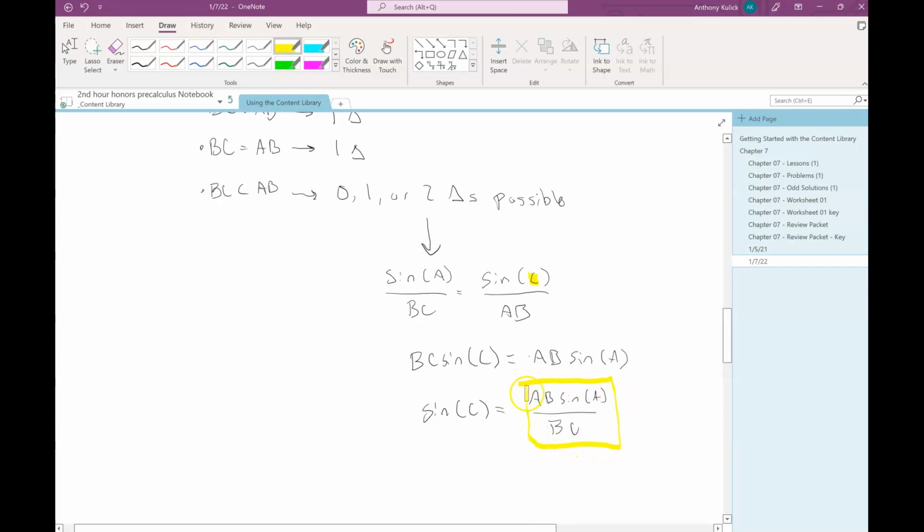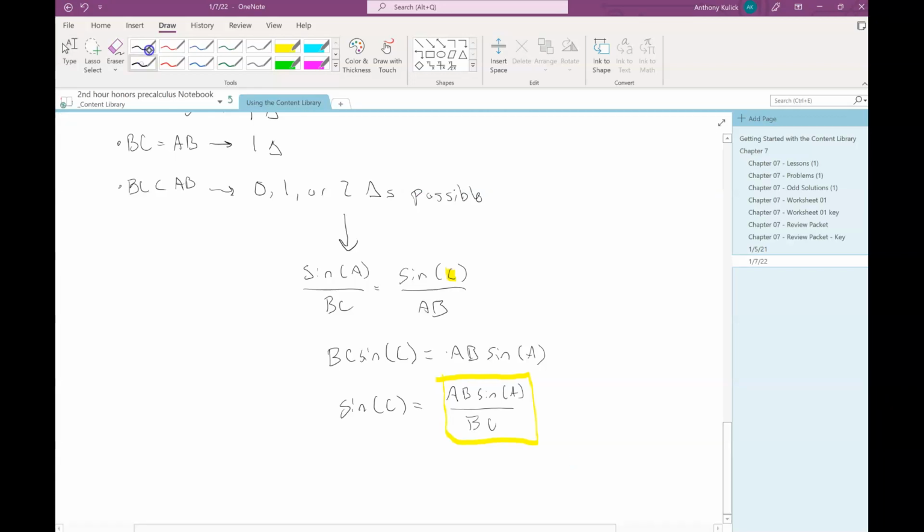And now, whatever this number comes out to be, that's going to tell us how many triangles we have. If that number is bigger than 1, no triangles are possible. If that number is equal to exactly 1, one triangle is all we can get. If that number is less than 1, we get 2 triangles.